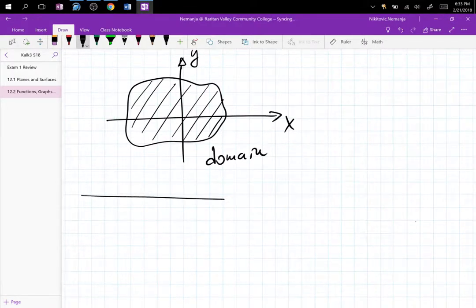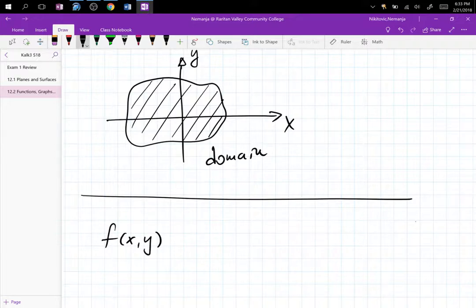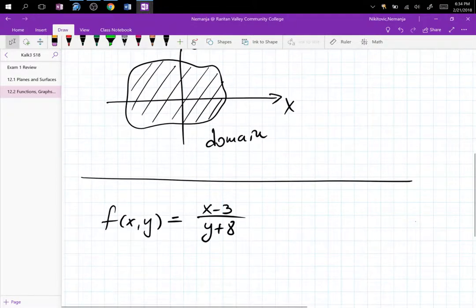Now, thinking about this domain and other things, f of x y is equal to, let's say, x minus 3 over y plus 8. What's the domain?